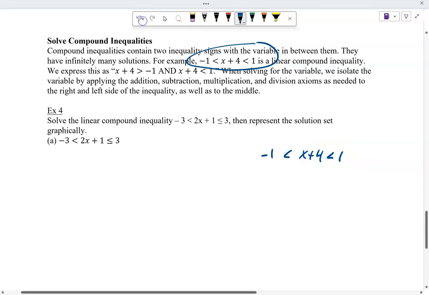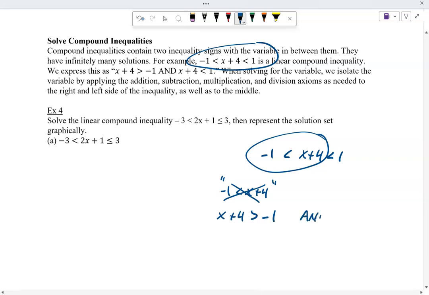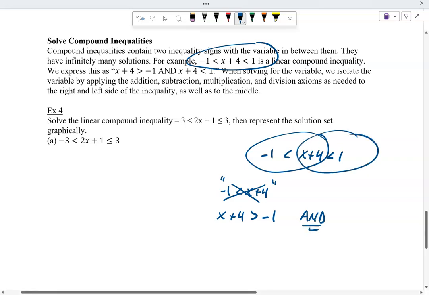I'm going to read it like that, except I'm going to turn it around. X plus 4 is greater than -1. And, because I want to read it with that X on that left-hand side. And now I'm going to read that side. X plus 4 is less than 1. That's what that statement means.